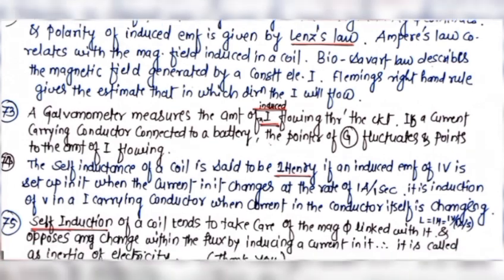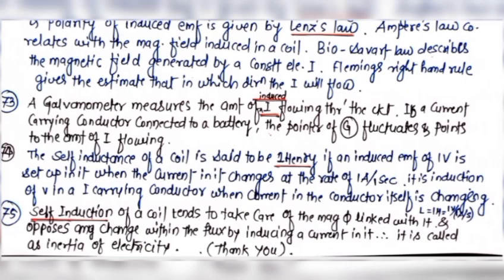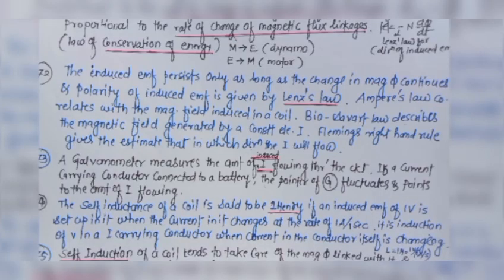Self-inductance of a coil is said to be 1 Henry if an induced EMF of 1 volt is set up in it when the current in it changes at the rate of 1 ampere per second. It is the induction of voltage in a current carrying conductor when the current in the conductor itself is changing, that is L is equal to 1 Henry when 1 volt is set up due to a change in current of 1 ampere per second.